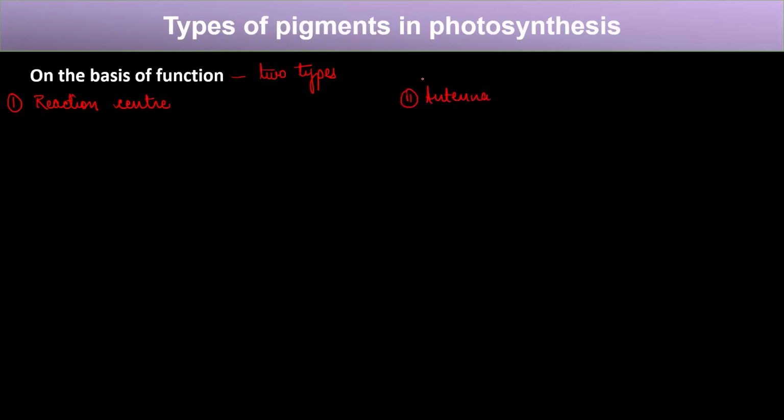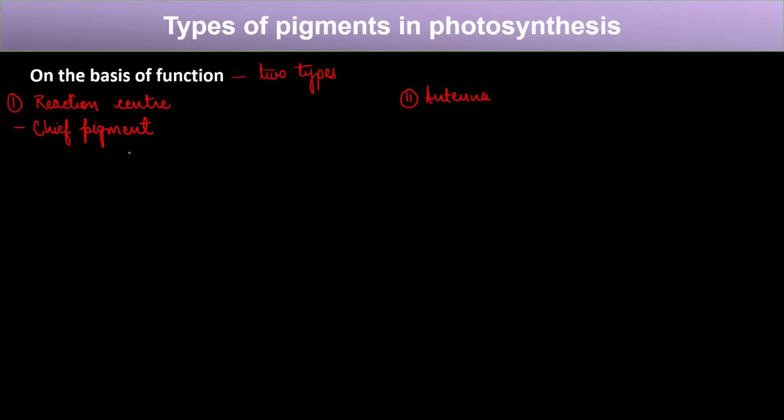Now, let's see about the reaction center. In the reaction center, the pigment that is present is known as the chief pigment or the primary pigment.